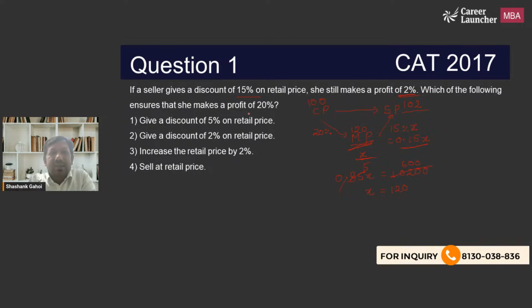Now the question is saying that she needs to make a profit of 20% and mark price itself is 20% up. It means that the person is unable to give any discount. It means he must sell it at retail price. So in this question, my answer is going to be option 4, that is sell at retail price. Okay, now let's move on to the next one.